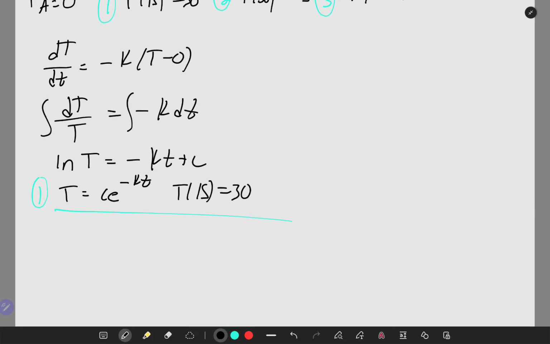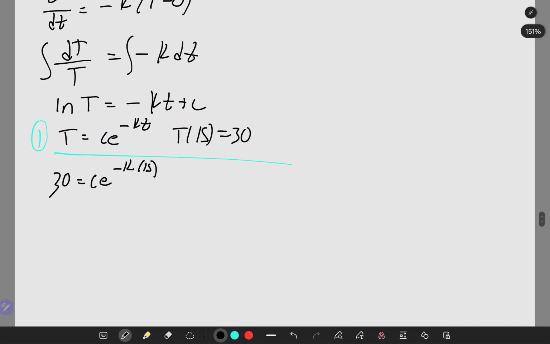Okay, so now our temperature is 30 and our time is 15. So just like the last one, we solve for the constant that's out front first, right? So we're going to solve for C first. This is another thing that I had a hard time with. I'm pretty sure I remember I was solving for K first or something. It might work out the same.